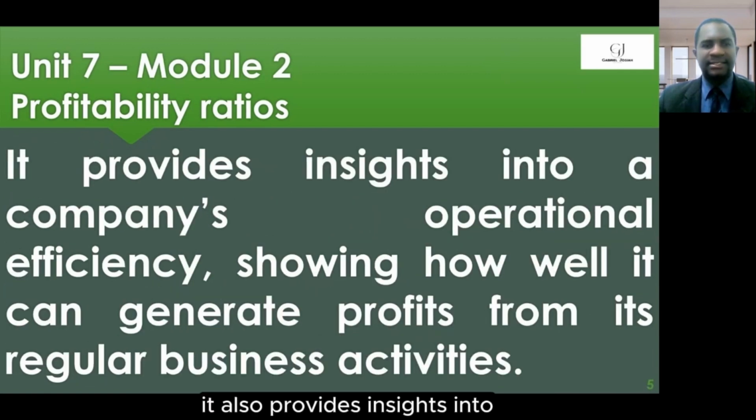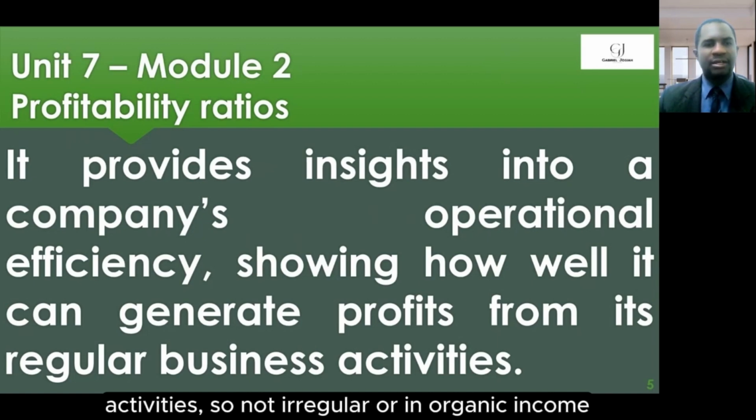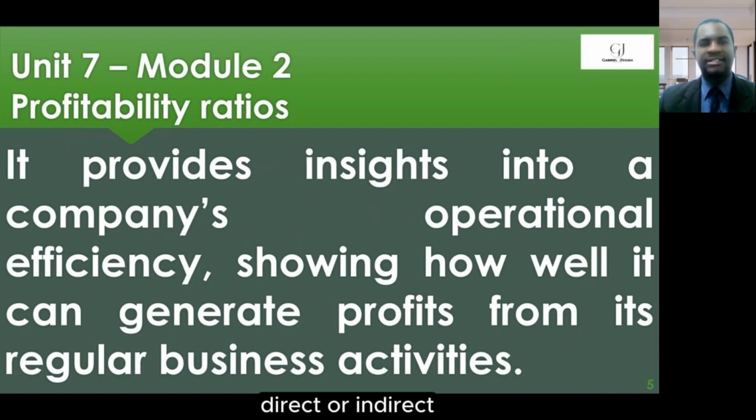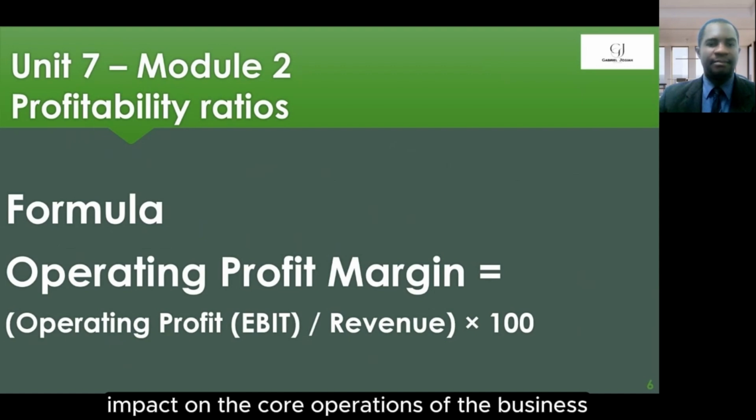It also provides insights into the company's operational efficiency, showing how well it can generate profits from its regular business activity. So not irregular or inorganic income, but organic income and the expenses that have a direct or indirect impact on the core operations of the business.